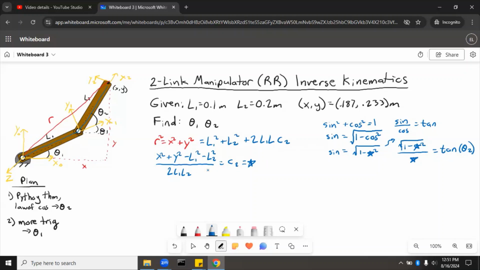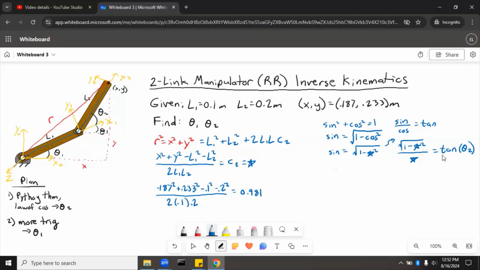But we need to actually plug some numbers in here. If we take all the numbers, we get 0.981.